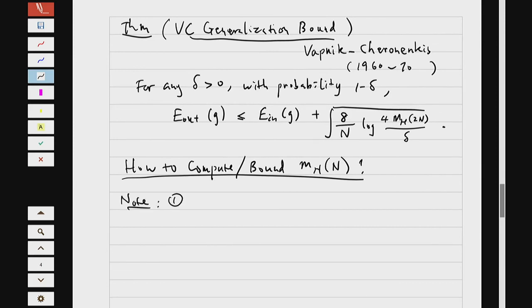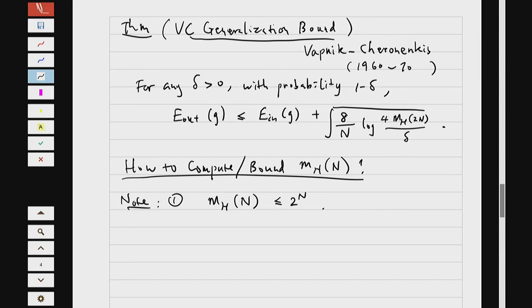So the first thing is to recognize that this has a natural upper bound. This is the maximum possible number of binary vectors you can generate, right? Clearly this is upper bounded by 2 to the nth power, as the dichotomy set size is also bounded by this.